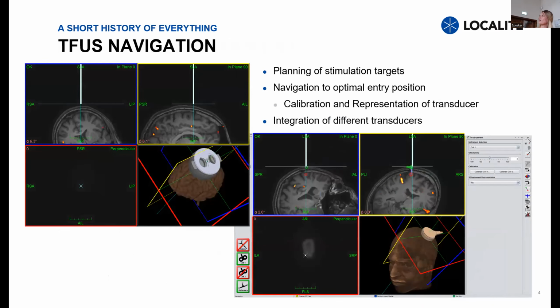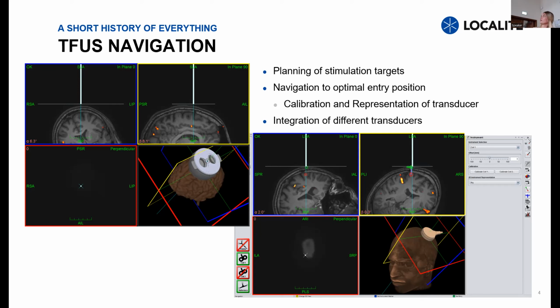One of the most obvious ones is of course that we have transducers instead of TMS coils, and so we want to enable planning of stimulation targets for transducers, and then of course enable the navigation of the transducers itself.